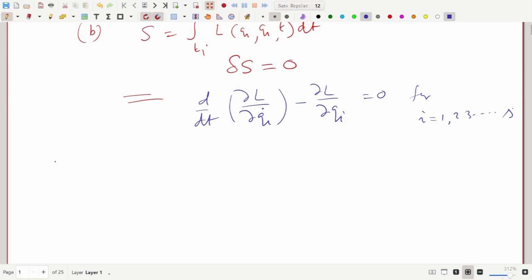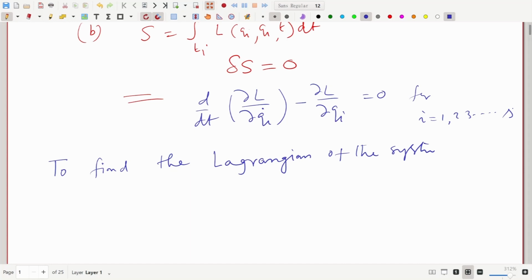If you have s degrees of freedom, you have to find s such equations, which are generally second order differential equations. So, the crucial point is to find the Lagrangian of the system.